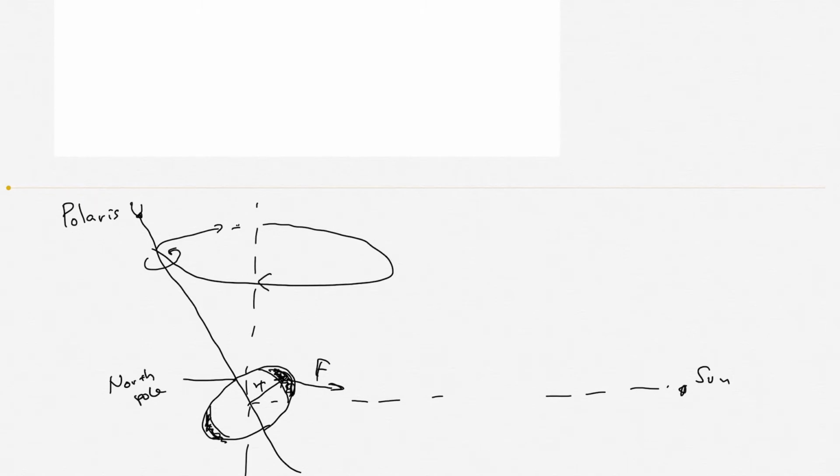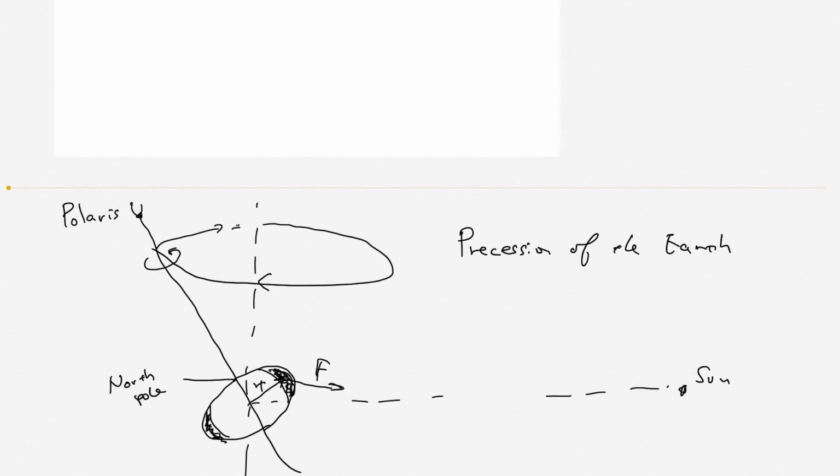We call this precession of the Earth. So right now the North Pole is directed to the Polaris. This spinning axis is moving. Then we cannot use Polaris to describe the direction of the North anymore in the future.